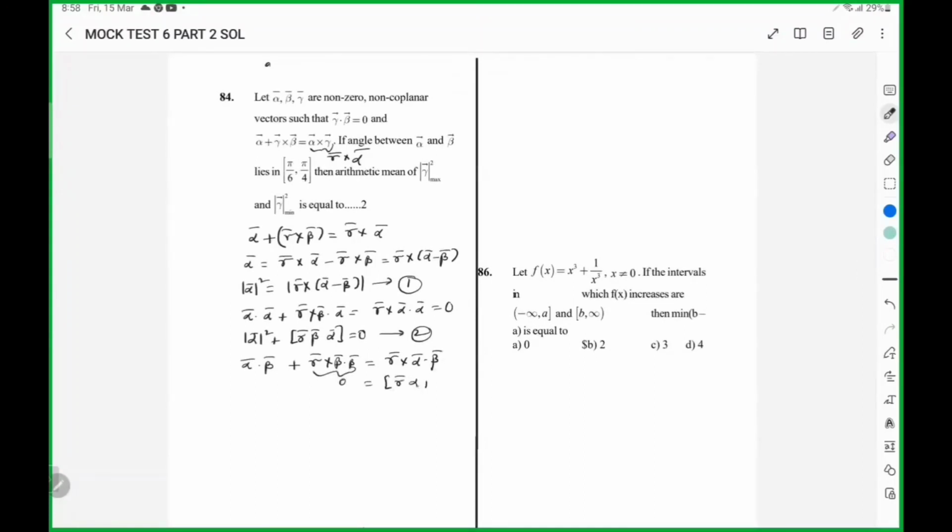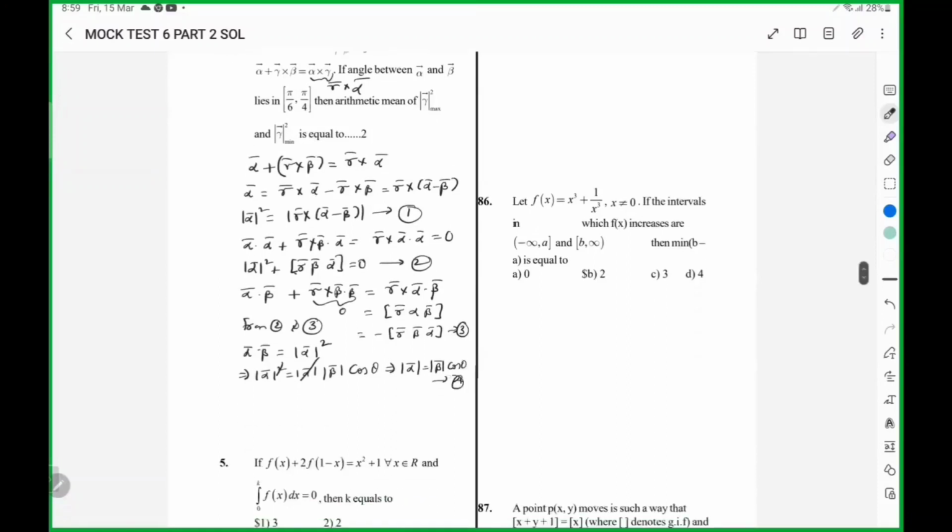And it is gamma alpha beta, which is minus gamma beta alpha. So this is 3. From 2 and 3, I can write alpha dot beta as this gamma beta alpha as minus alpha beta, which is alpha square. Here it is alpha is beta cos theta. So this is fourth relation.